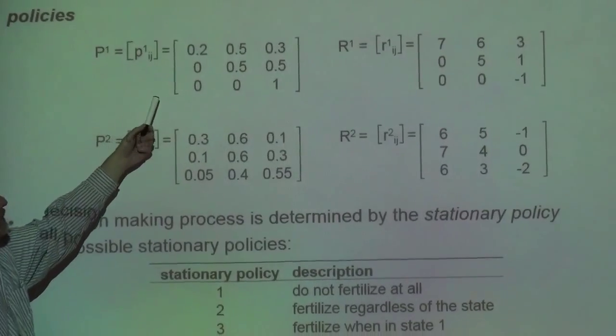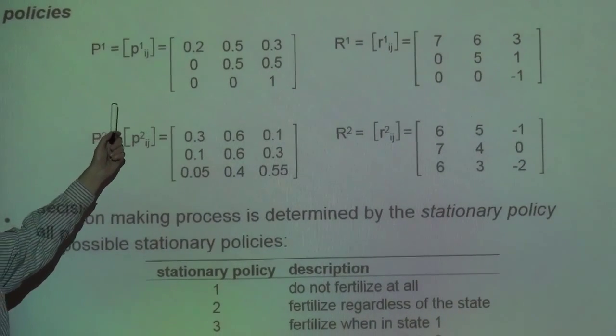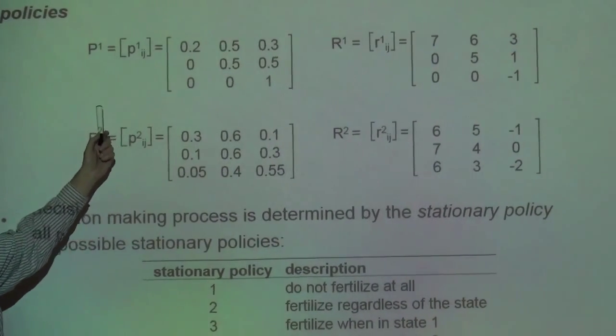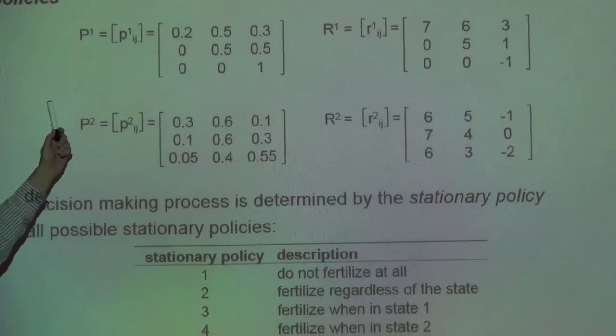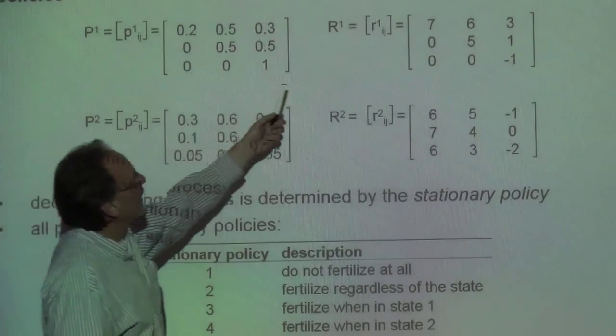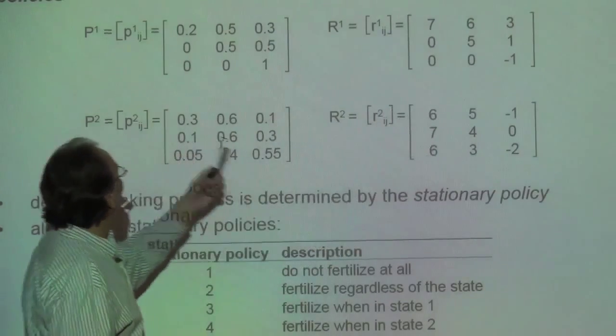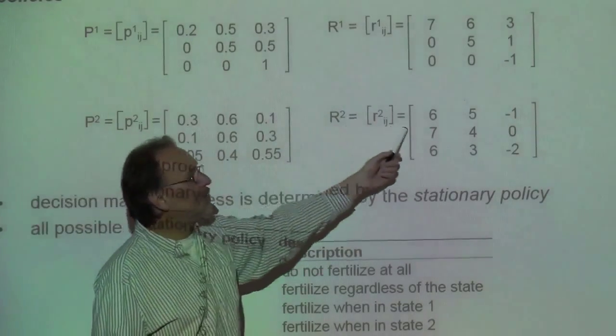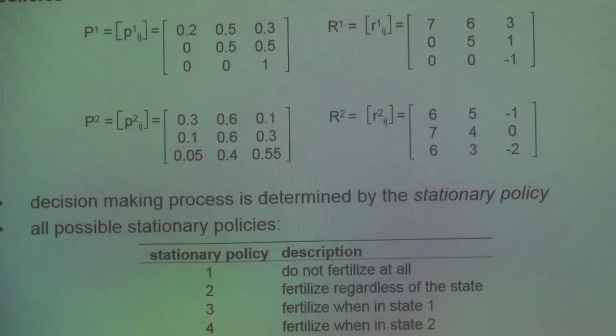Never fertilizing makes sense. You never put anything into it, it's never going to improve. But it might stay the same if you're lucky. Whereas here, there is a possibility for improvement if you apply fertilizer. So you have a transition and a return matrix for doing nothing, a transition and a return matrix for always doing something, for always fertilizing.